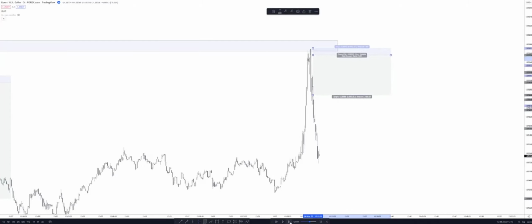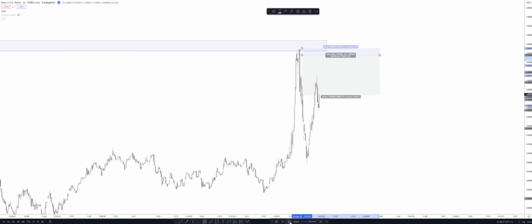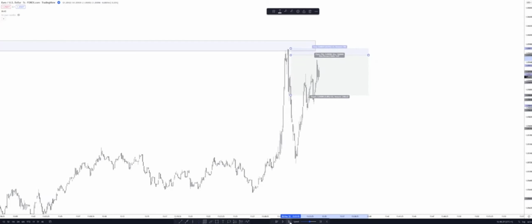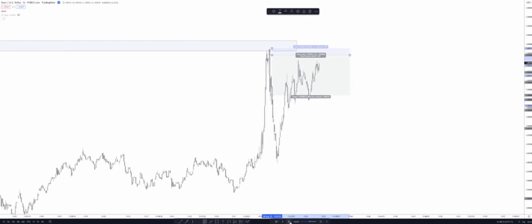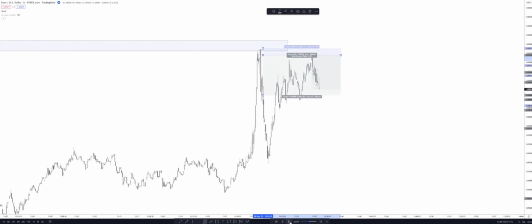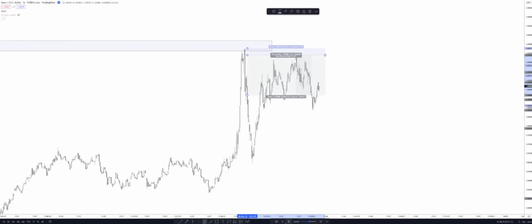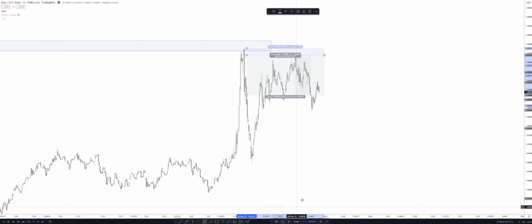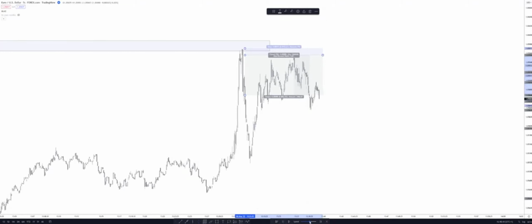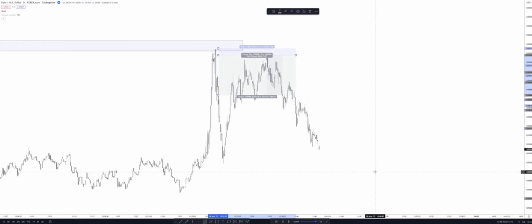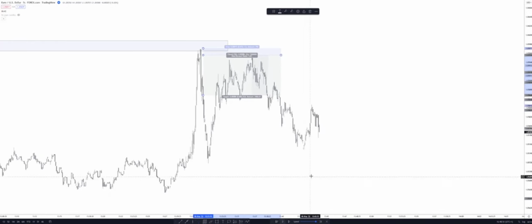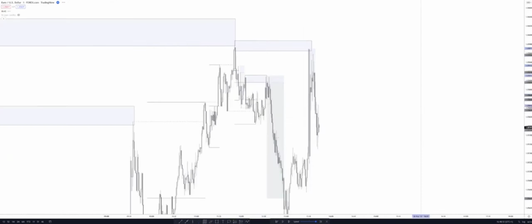And you can see, even though price is very aggressive here, it does actually come back and perfectly tap you in for an entry. Right there. Save my clicking finger. Which would have worked out nicely as well.